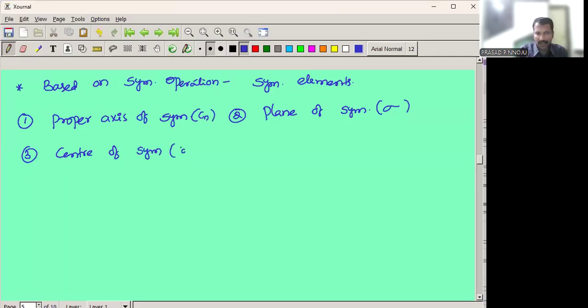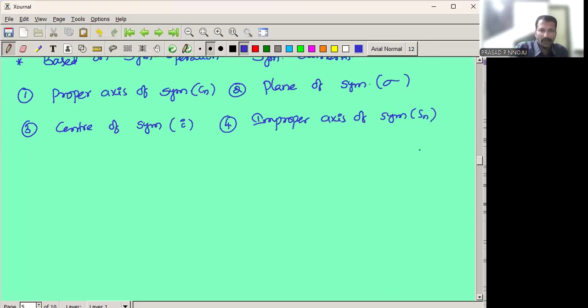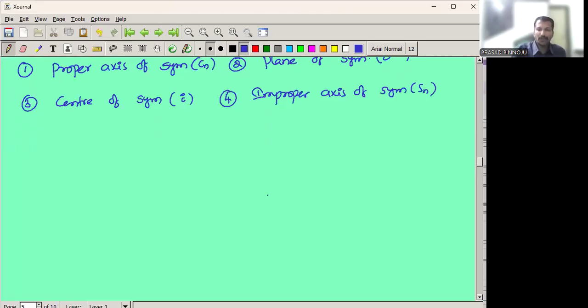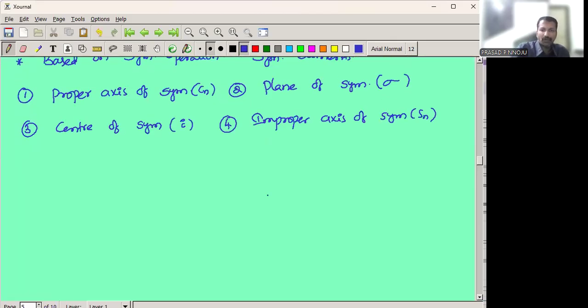This is i. And the fourth one is improper axis of symmetry, that is Sn. Right? I'm not going to describe all these properties briefly, proper axis of symmetry and plane of symmetry. I'll give only one example for each.